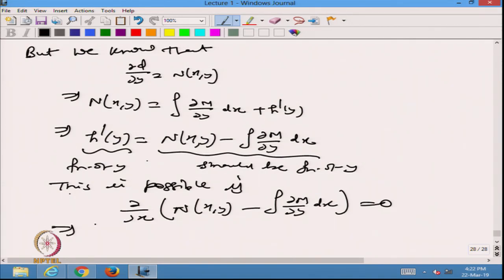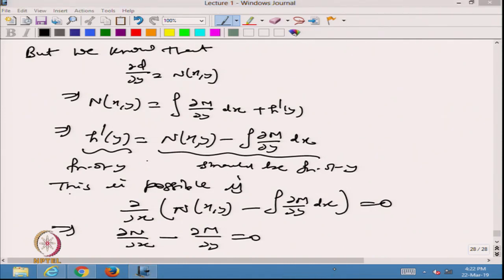So from here what I will get is del N by del x minus del M by del y equal to 0, because here I am first taking the integration with respect to x and then taking the derivative with respect to x.